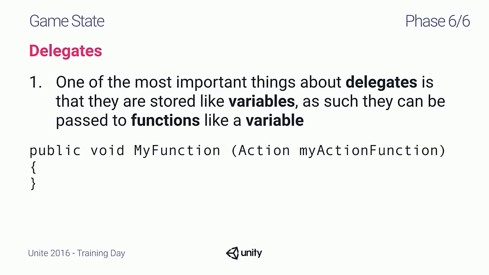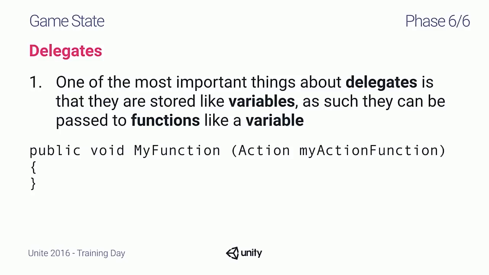The main reason that we have delegates, the main thing that we get out of them, is that unlike functions, you can pass a delegate to a function like a parameter. Say, for example, you've got a very long, very slow function, and you only want to call it if it's really necessary. You don't want to pass that as a function and have it called, because then whenever the function that you're passing it to is called, you're going to get that long function call.